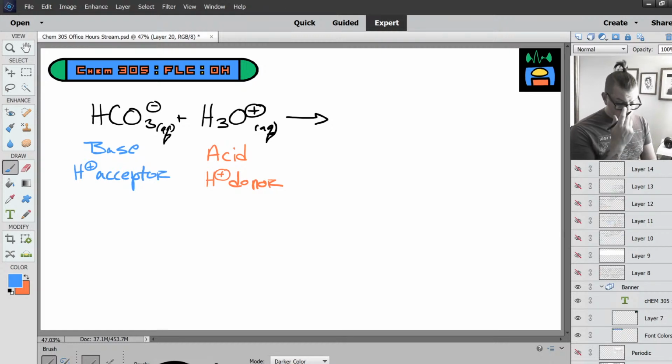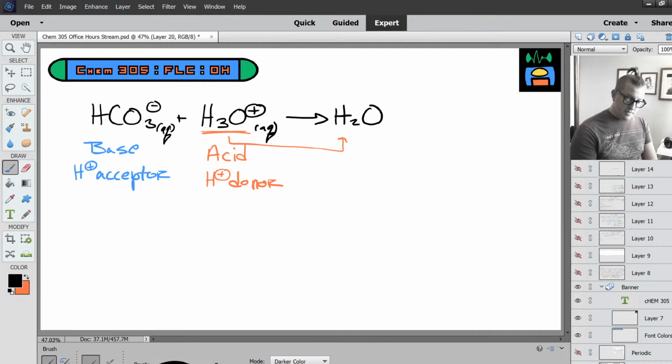All right. So if hydronium is going to donate an H+, that means that it is going to lose one hydrogen and it's going to lose a plus charge. So it will simply become H2O.